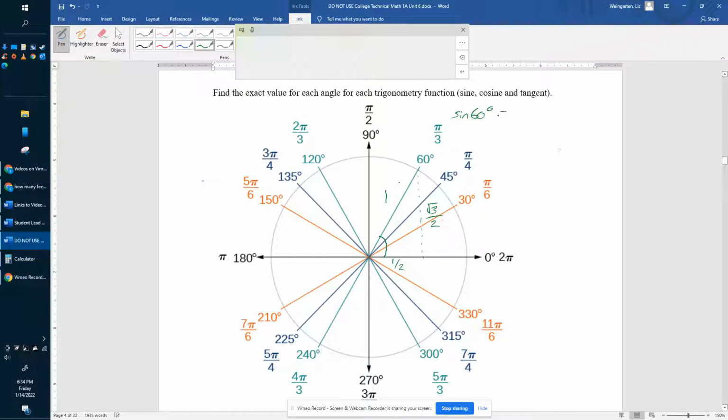Opposite over hypotenuse is going to be square root of 3 over 2. Cosine of 60 is going to be 1/2 over 1, or simply 1/2. Tangent of 60 is going to be opposite over adjacent. Square root of 3 over 2 divided by 1/2 is going to give us simply the square root of 3.